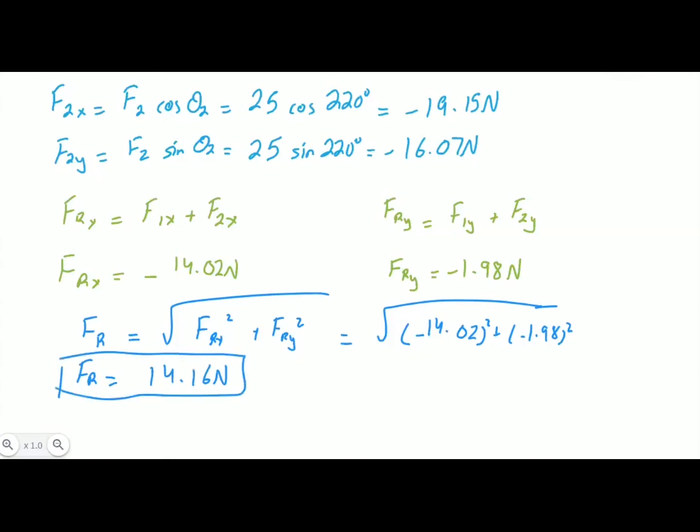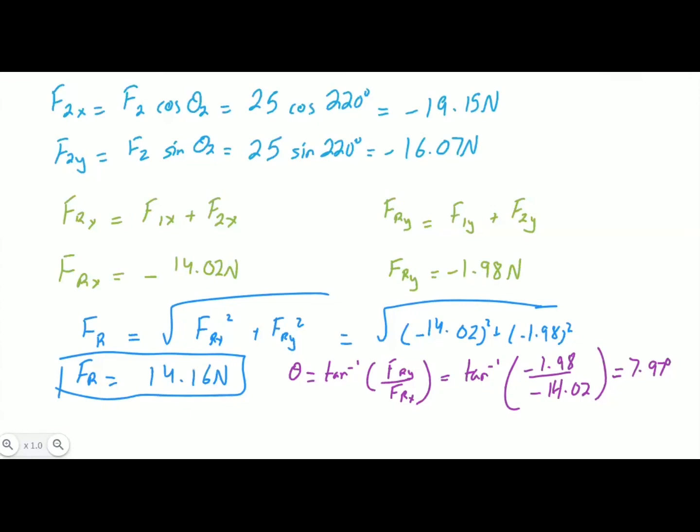And to find out the direction, we will use the tangent formula. Theta is equal to tangent inverse of FRy divided by FRx. So this will be equal to tangent inverse of minus 1.98 divided by minus 14.02, and the theta will be equal to 7.97 degree.